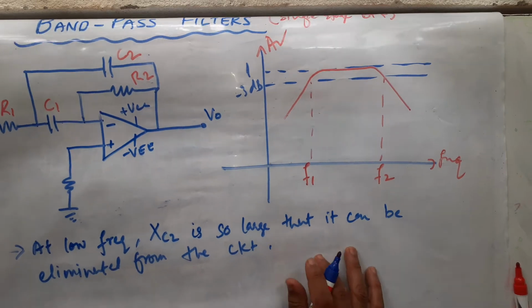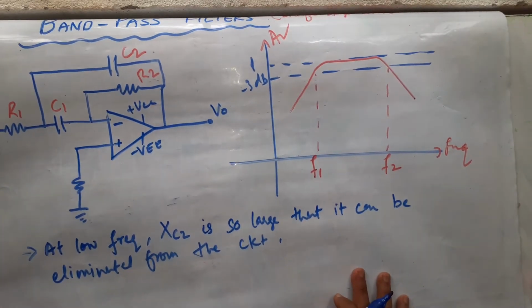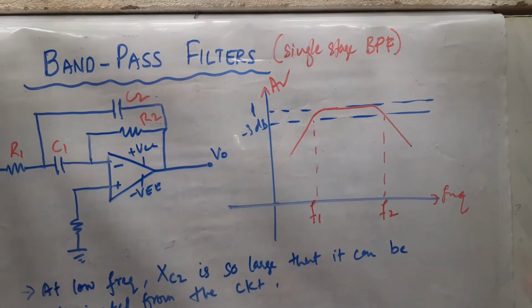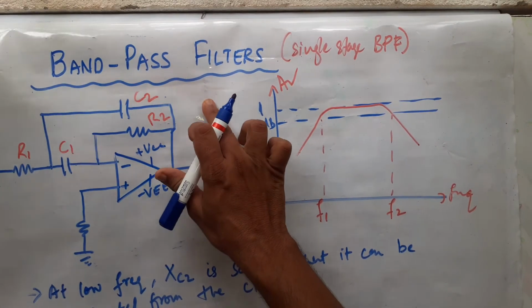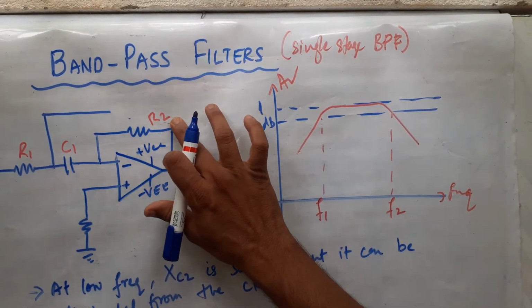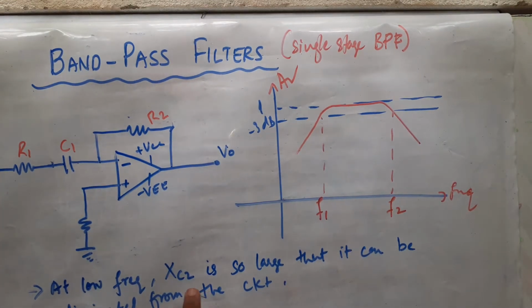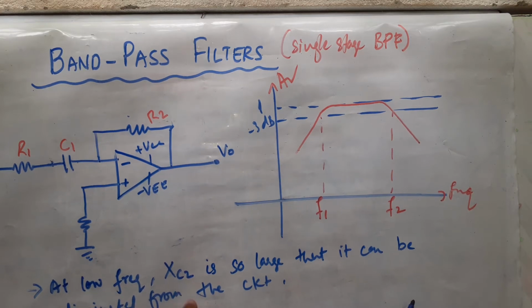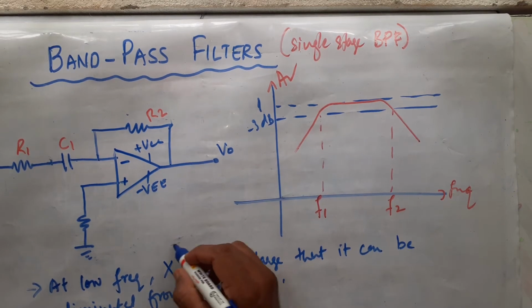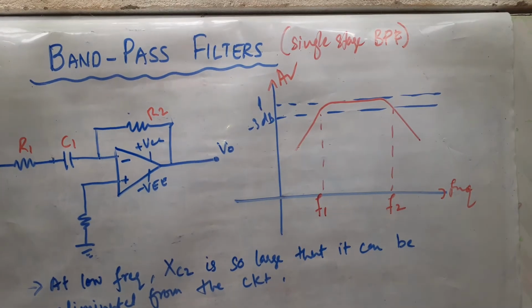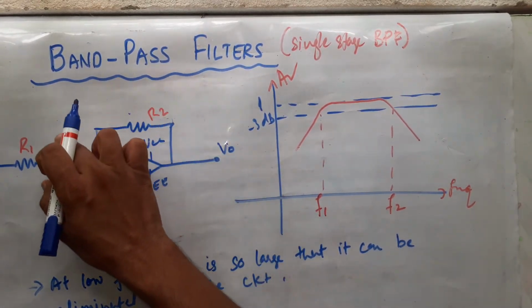So let me draw that circuit, how this is going to be modified. If I eliminate XC2, means I can take out C2. If I take out C2, it becomes like this, isn't it? Because at low frequency, XC2 is very, very high. Frequency and XC2 are inversely proportional. So for lower frequency, XC2 is so high that it will not offer any flow of current. So let me remove that part from the circuit. See, this is how I have modified it.